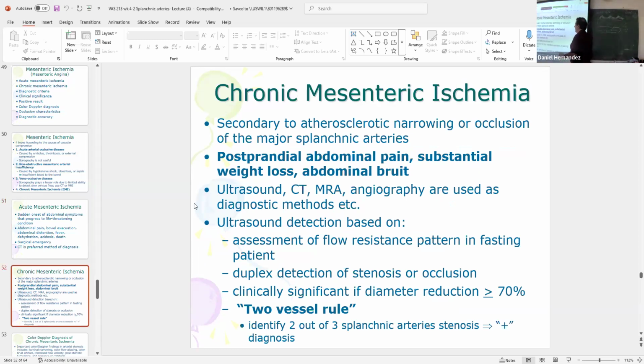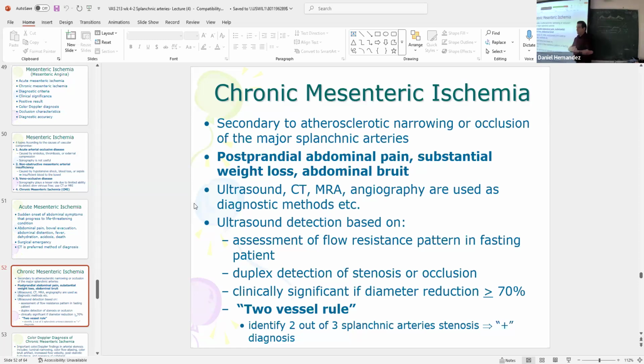Patients who have chronic mesenteric ischemia have it secondary to atherosclerotic narrowing and or occlusion of the major splanchnic arteries. Their symptoms are a little bit different. They have pain after eating, that postprandial pain, and substantial weight loss. This is poor perfusion to the intestines. They're not digesting their food properly or getting the nutrients from it, so they start to lose weight, become thin, and dehydrated.